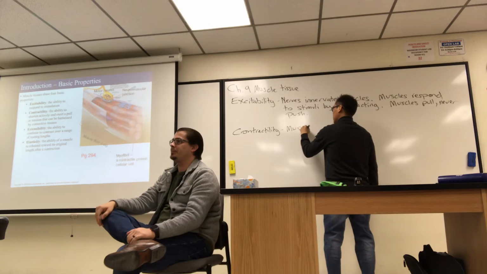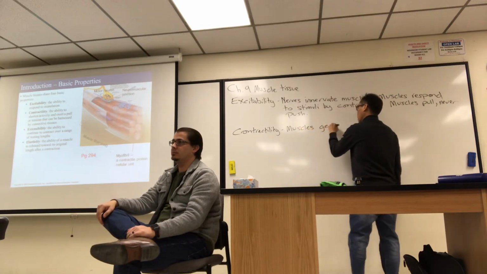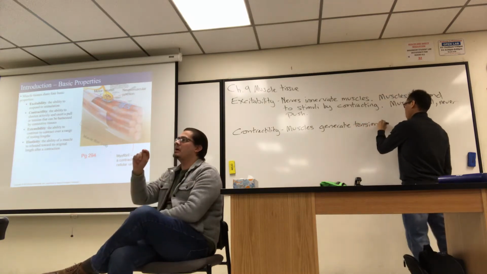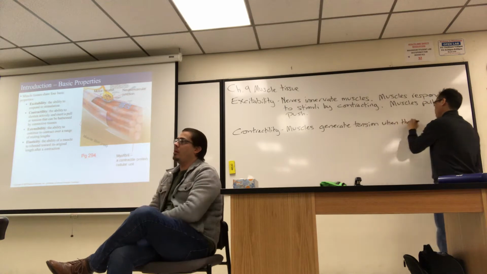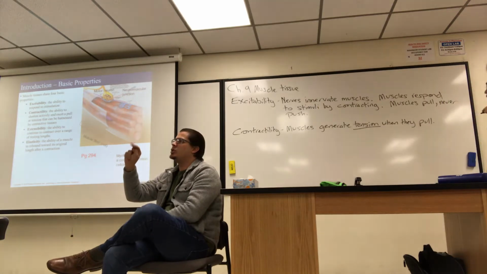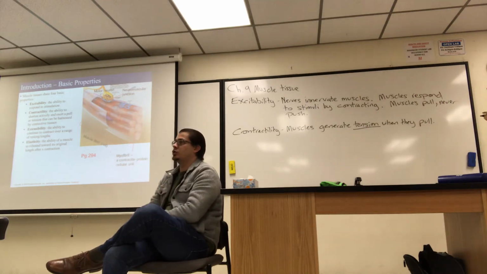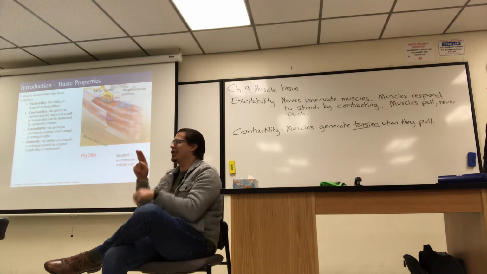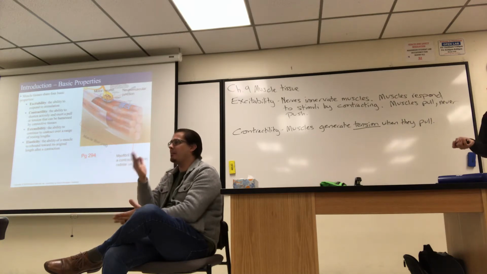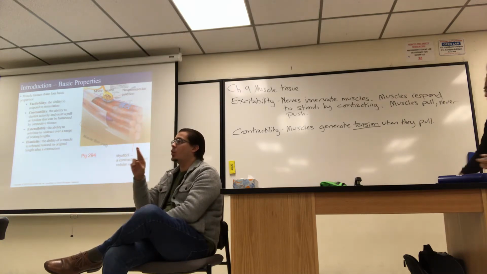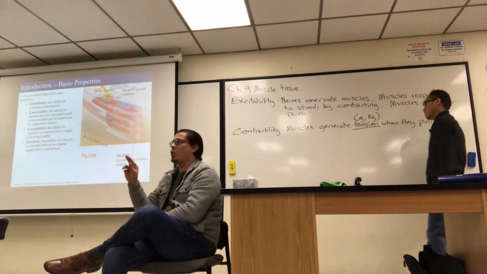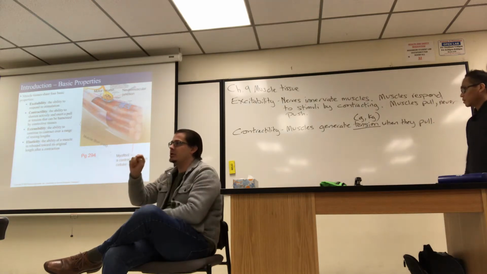So I'll paraphrase: muscles generate tension when they pull. The word tension means a pulling force, and it's usually measured in units of kilograms, depending on how strong the muscle is. If it's a very small muscle you're testing in the lab, it's probably going to be grams, or kilograms if it's a larger muscle. Grams or kilograms of tension. Contractility: they generate tension.